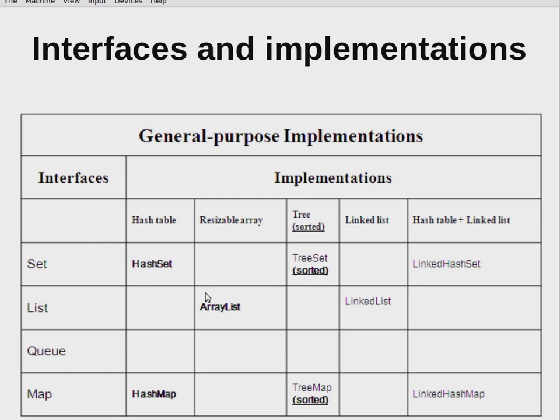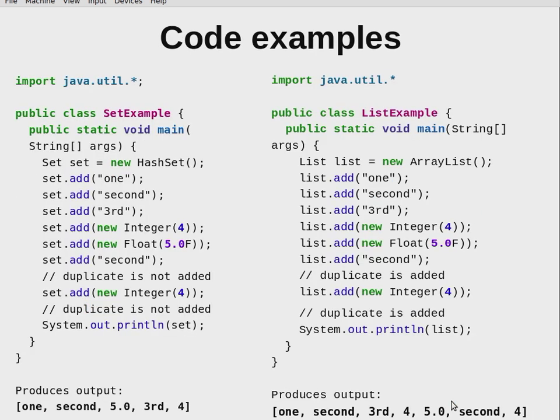And on the x-axis it shows implementations. Does it use a cache, does it use an array as an internal data structure, does it use a binary tree, does it use a linked list or links, or several things at once, like hash and linked list together.